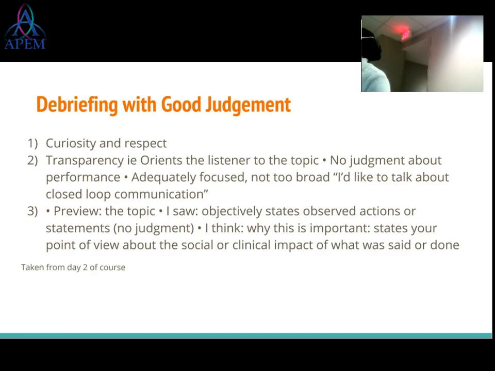So instead of making a list of errors, you just want to pick one thing, go over it, and then move on to the next thing. They gave us an outline of this, and I can do a whole different presentation or just send it out on PowerPoint when we get to simulation labs, about how to debrief our students.